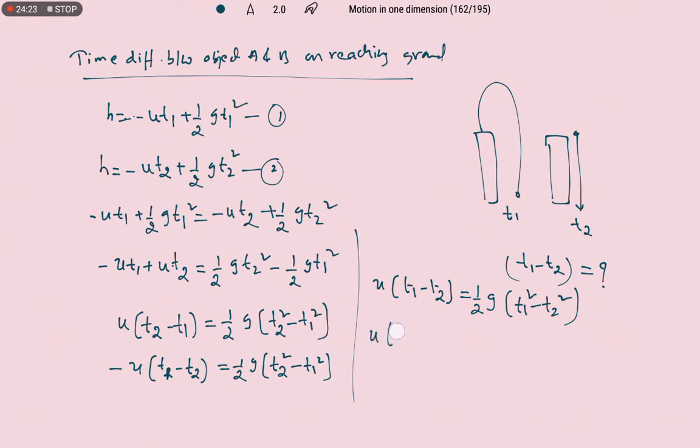So u times of t1 minus t2 is 1 by 2 g. It is in the form of a plus b into a minus b, so t1 plus t2 into t1 minus t2. So we can cancel t1 minus t2 and t1 minus t2. Therefore u is equal to 1 by 2 g times of t1 plus t2.